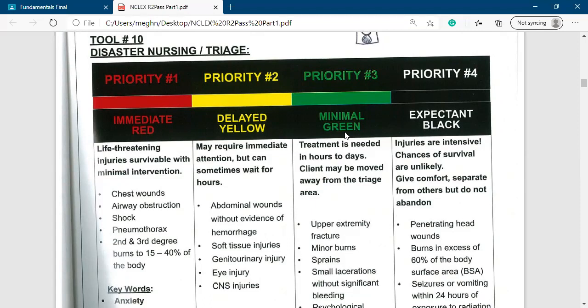Examples of green tag are abrasion or cut or a slightly broken bone, not too much pain. So treatment is needed within hours to days. If the patient waits a long time, they will not die. So the client may be moved away from the triage area, right?